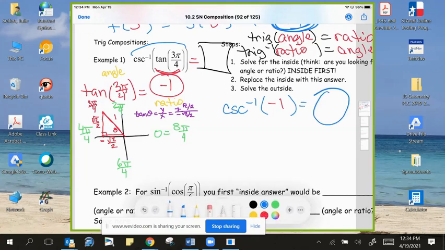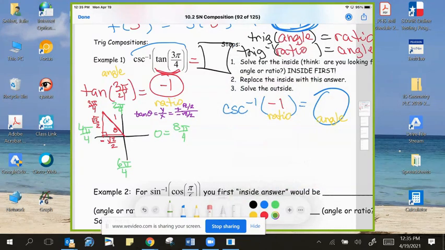Okay, so cosecant inverse of negative 1. Is that negative 1 a ratio or an angle? It's a cosecant inverse, so yes, that is a ratio, which means our answer will be the angle measure.